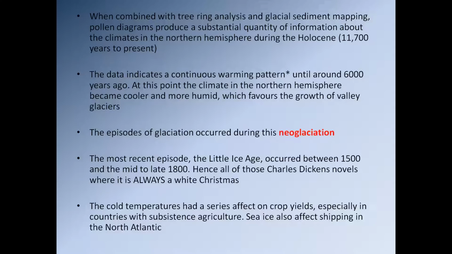Okay, so around 6,000 years ago, we begin to see northern hemisphere climates especially become a little bit cooler and a little bit more humid. So this is referred to as a neoglaciation. It's a small glacial event within essentially a period of relatively little global glaciation going on. And also during the Holocene, we have this Little Ice Age that runs from 1500 to 1800.